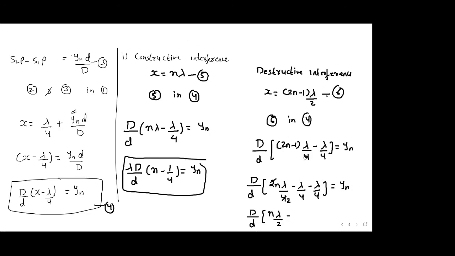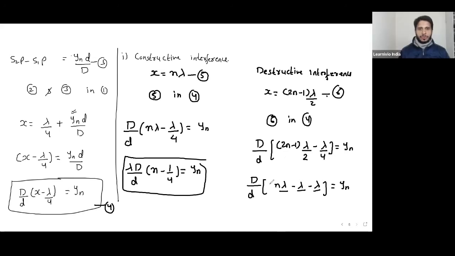Yes, it's no. This is 4, this is 2. This is 4, this is 2. Yes, you're right. This is lambda by 2, this is lambda by 4. So this is 2n lambda by 2 minus lambda by 2 minus lambda by 4. Just a second.